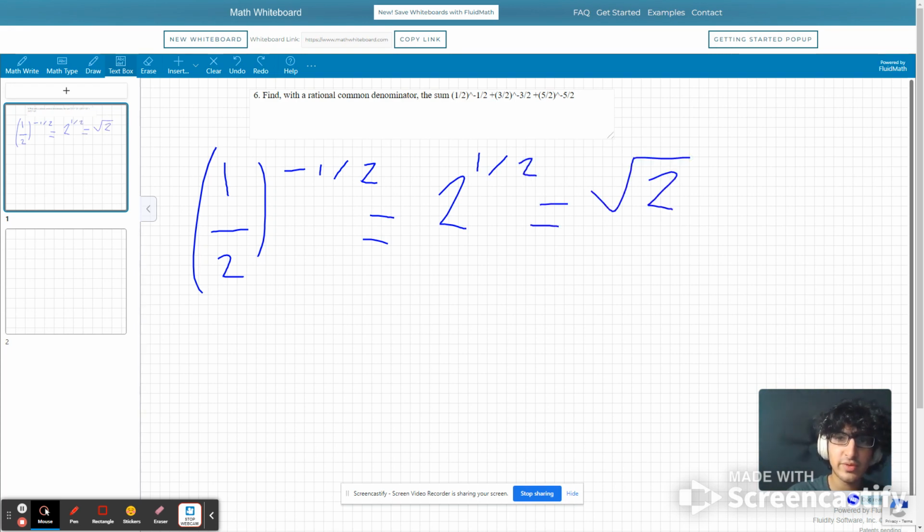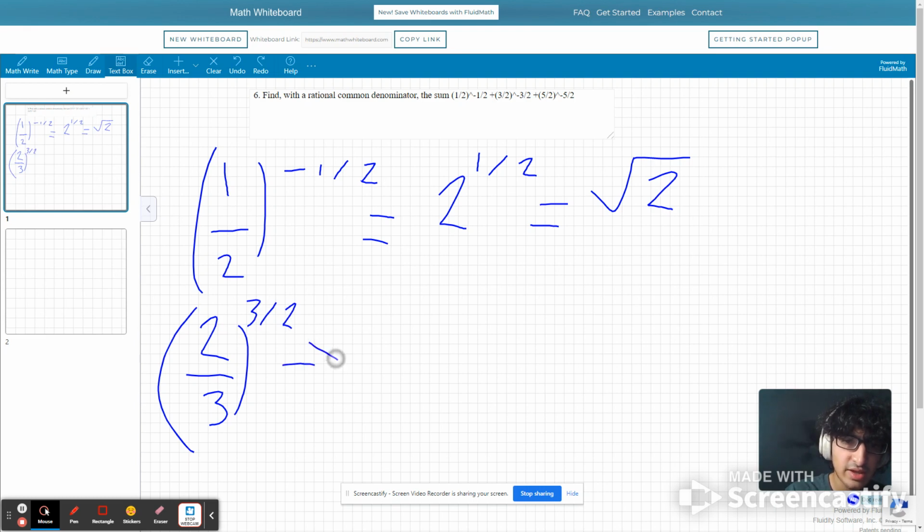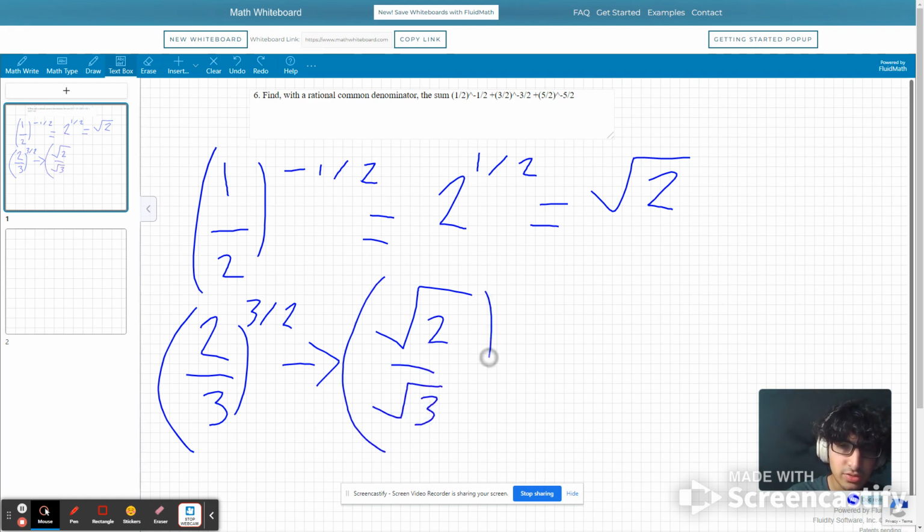And then same thing for 3/2. So (3/2)^(-3/2) is the same thing as (2/3)^(3/2). So let's rewrite that as (square root 2 over square root 3) to the third.